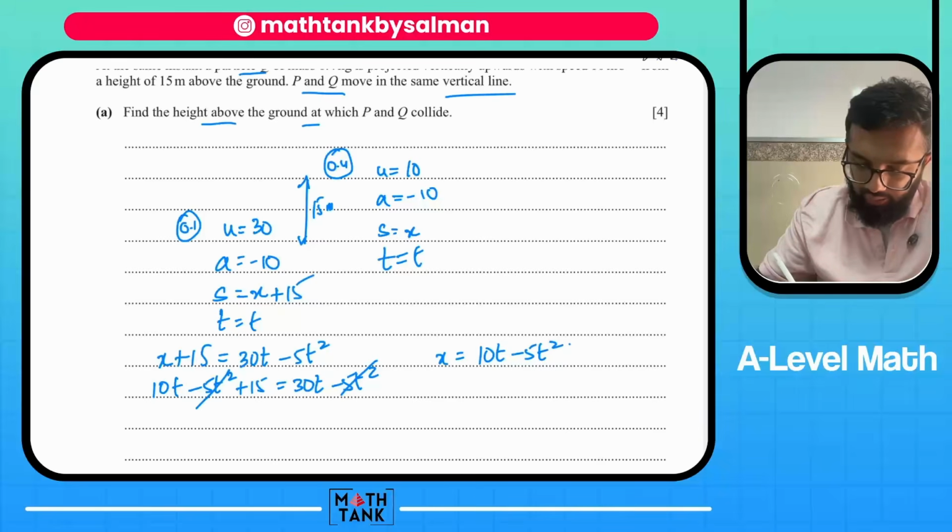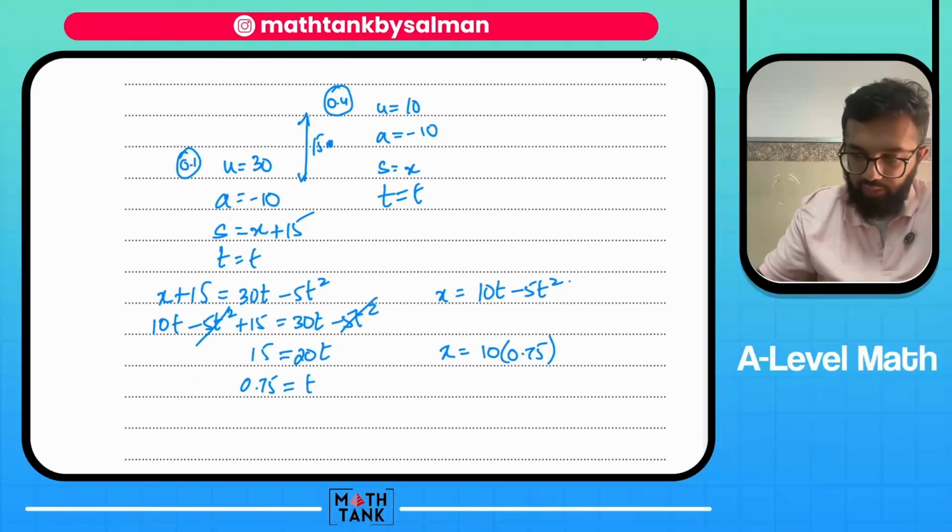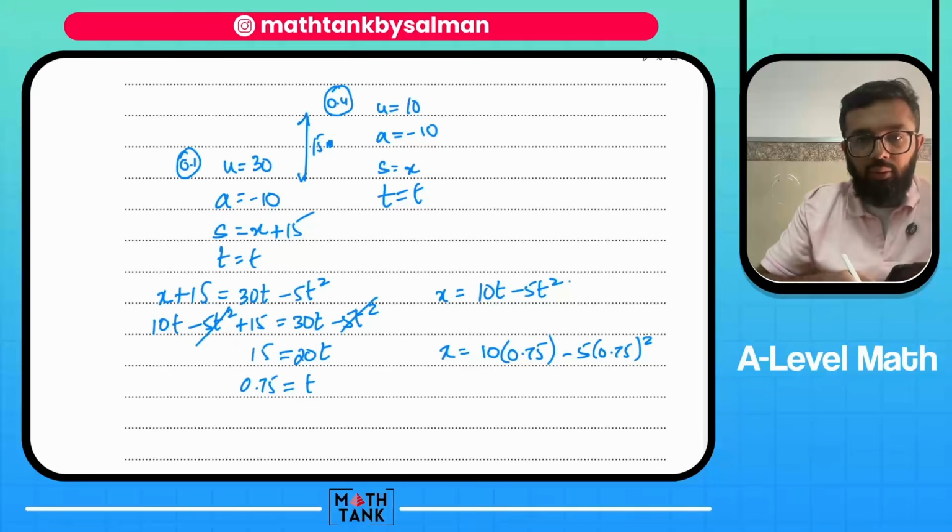So 20t equals 0.75. I want to find the height. So 10 into 0.75 above the ground. Above the ground, so I'm going to have to add 15 to it. Okay.